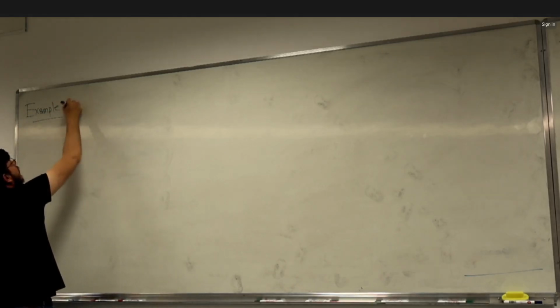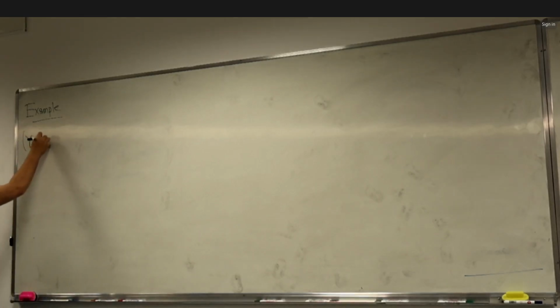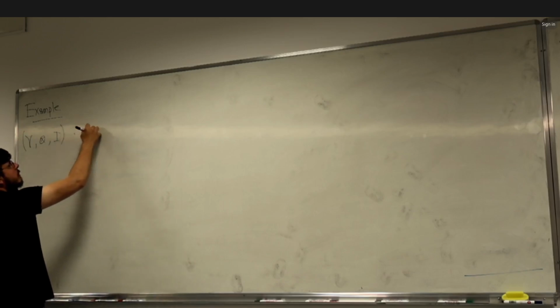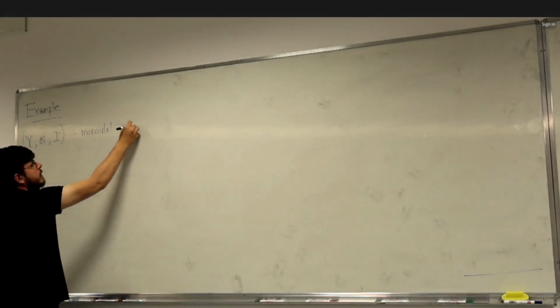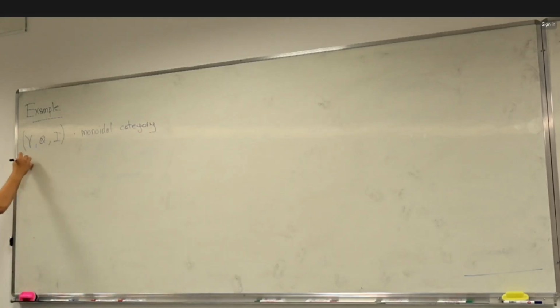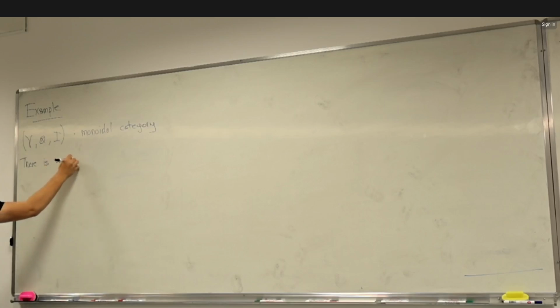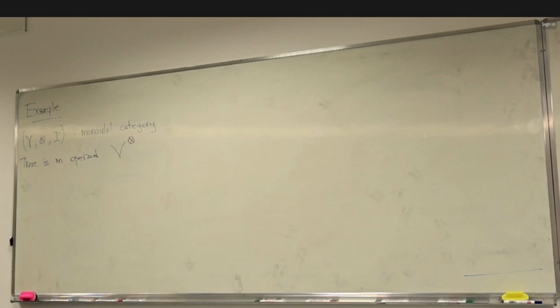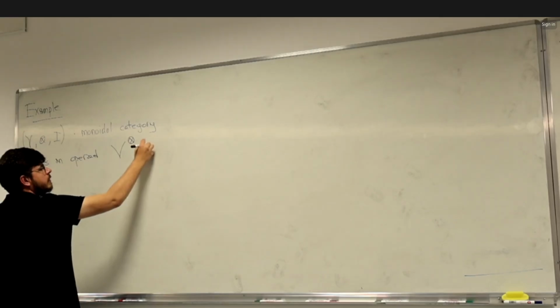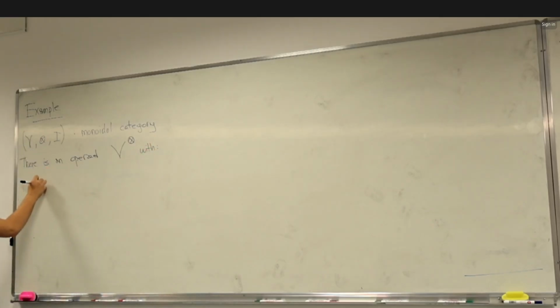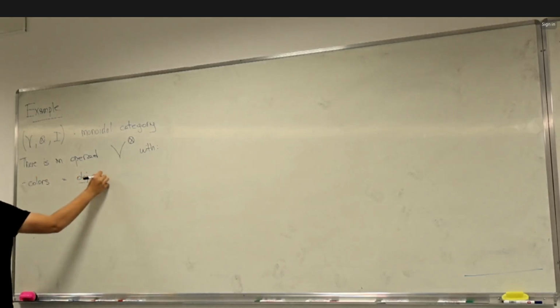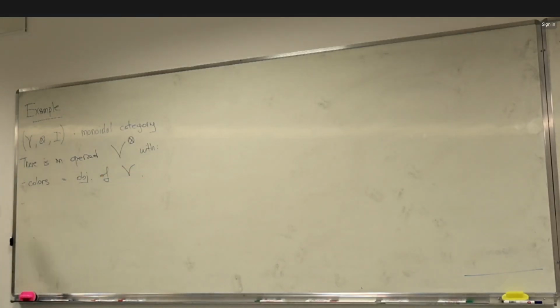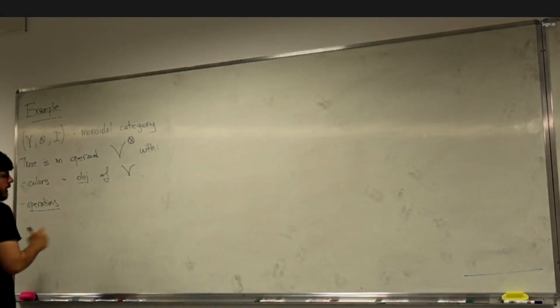If you have a monoidal category V, with a monoidal product and a monoidal unit, there is an operad which we denote V tensor, with colors the objects of the category V, and operations, let me just depict them.